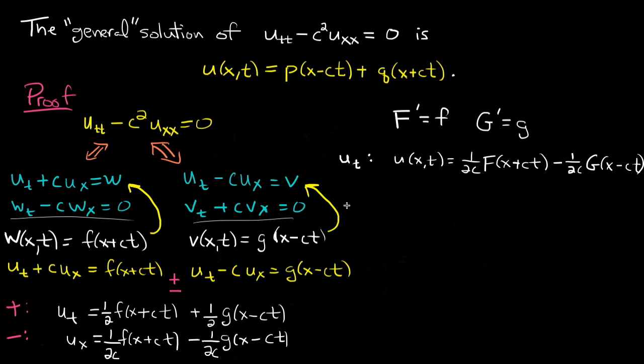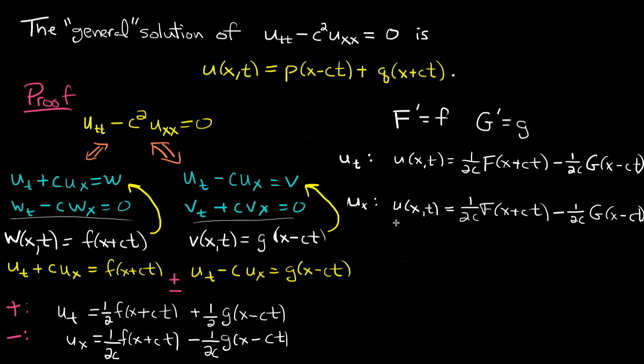Similarly, when I carry out the ux integration, I'm going to get a function u of xt, which looks like, well, there's no c in front of the x here, so I don't need to bring the constant out to compensate, but I already have a 1 over 2c here, and so I'll get 1 over 2c capital F of x plus ct minus 1 over 2c capital G of x minus ct.